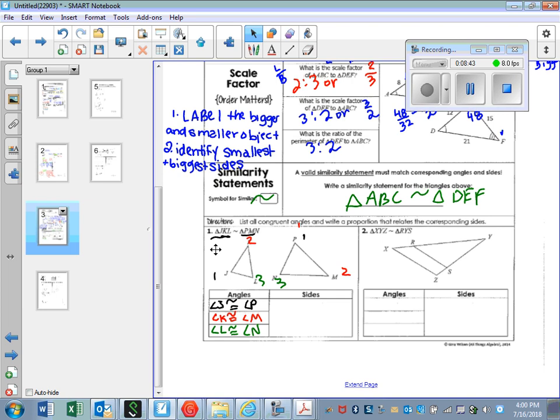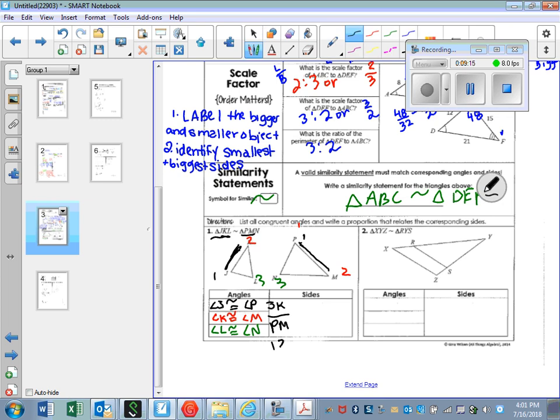Now for the sides, just follow the same order. From 1 to 2, my letters are JK over my 1 to 2 on the bigger one, which is PM. Here's my first ratio. Here's your second ratio. It helps to put little numbers there.